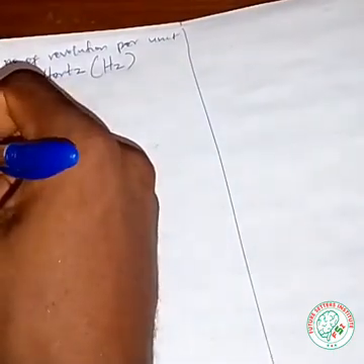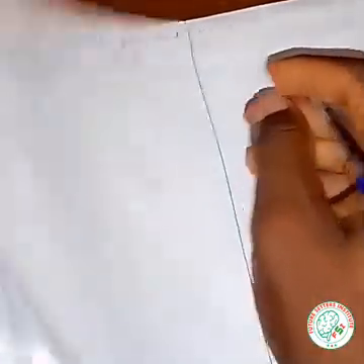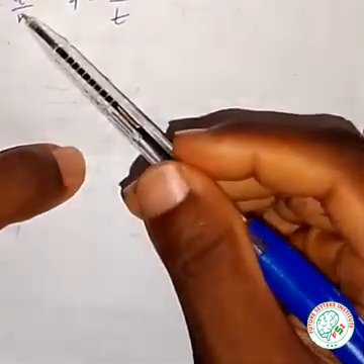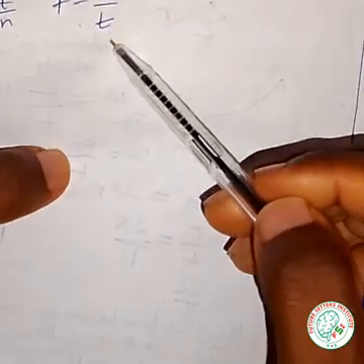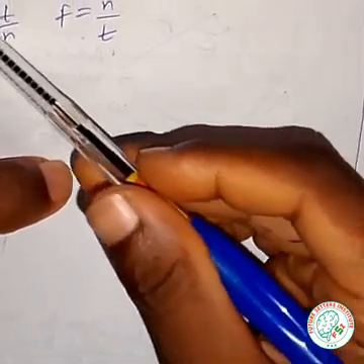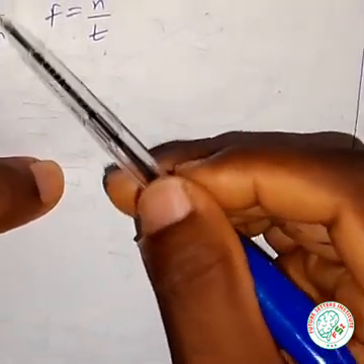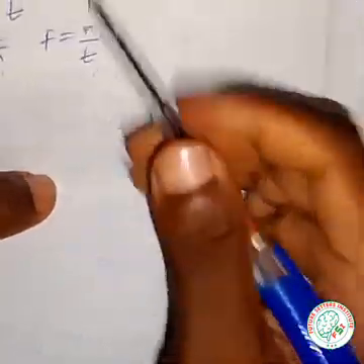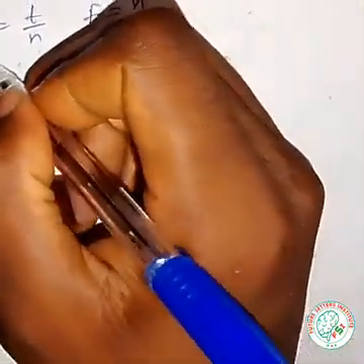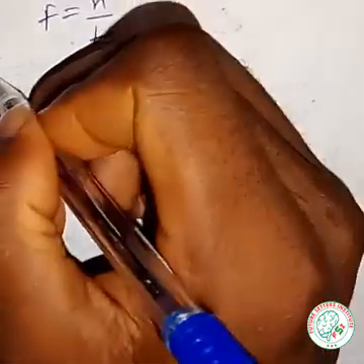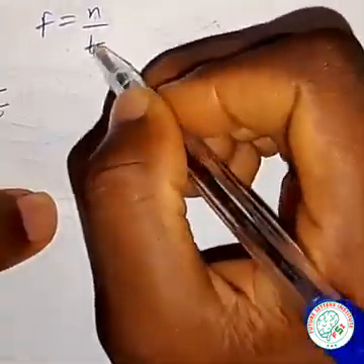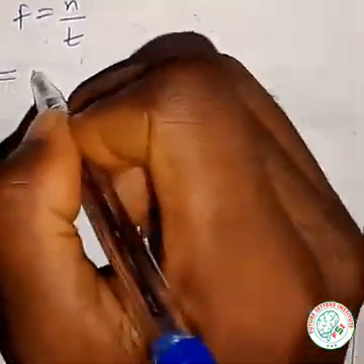Now let's observe something here. If T equals t over n and f equals n over t, what if we say 1 over T? 1 over T is going to give us n over t, because we just turn it upside down. And n over t is equal to f.